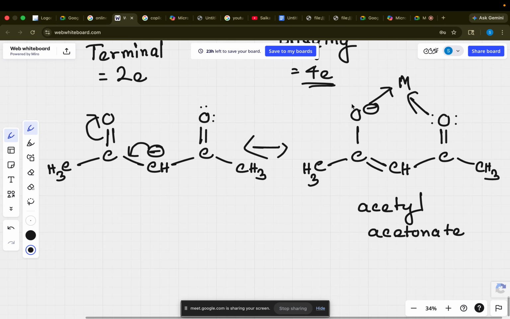Because if oxygen is getting negative charge, so that means how many electrons you have? So it is donating 4 electrons. Terminal or bridging ligand? How many metal centers are there? Terminal, okay, don't confuse.